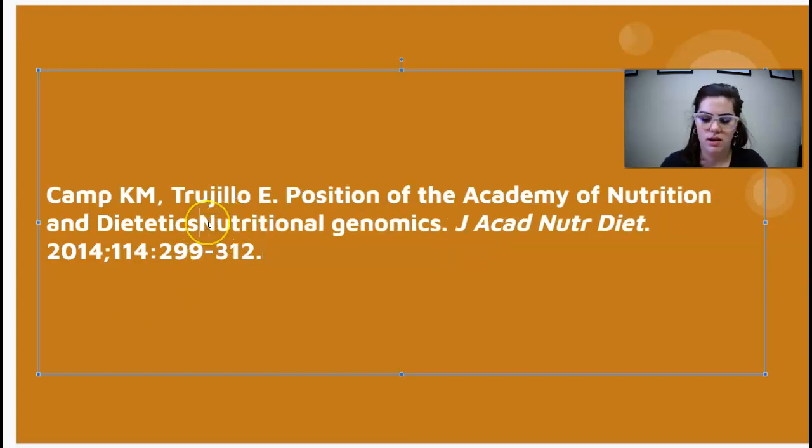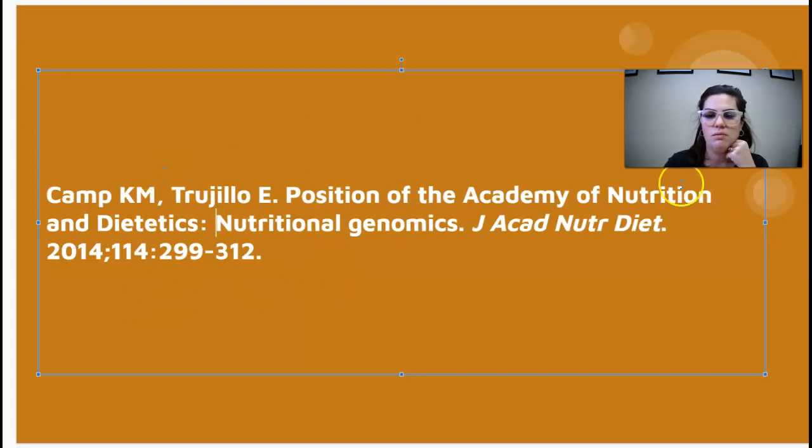Can't tell. Okay, that space. So the position is, of course, the first word of the title. So position would always be capitalized, but we're going to go ahead and capitalize Academy, Nutrition, and Dietetics. Okay, so another exception is that if there is a colon, we can capitalize the first letter of the first word that follows that colon.